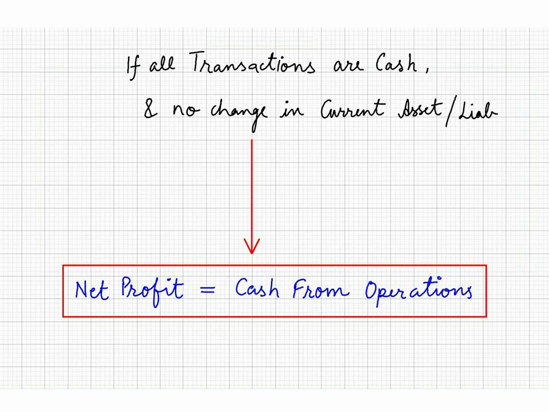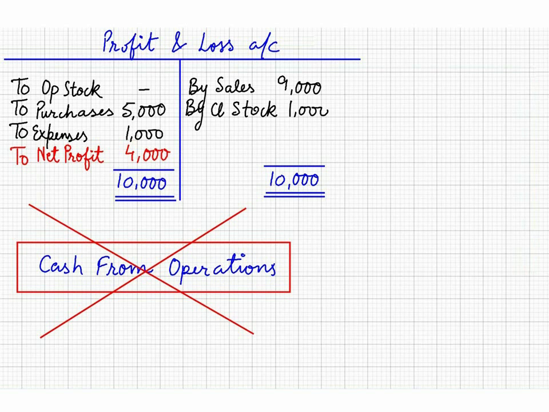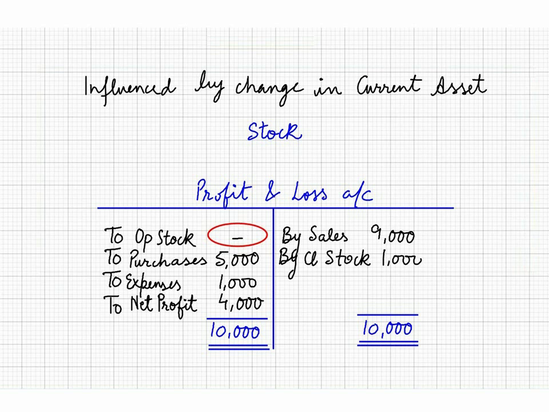But this net profit of 4,000 cannot be called cash from operation because it is influenced by the change in current asset, and that current asset is stock, because last year the stock was 0 and now it is 1,000. It means there is a jump of current asset of rupees 1,000.